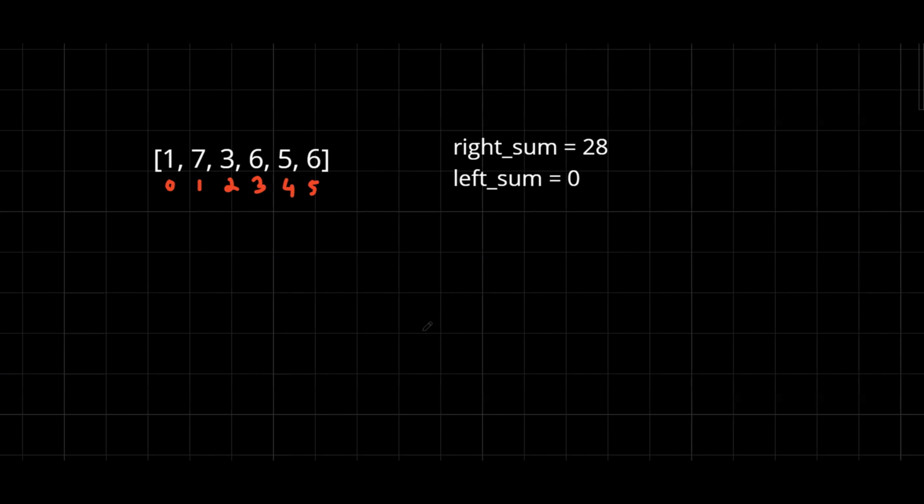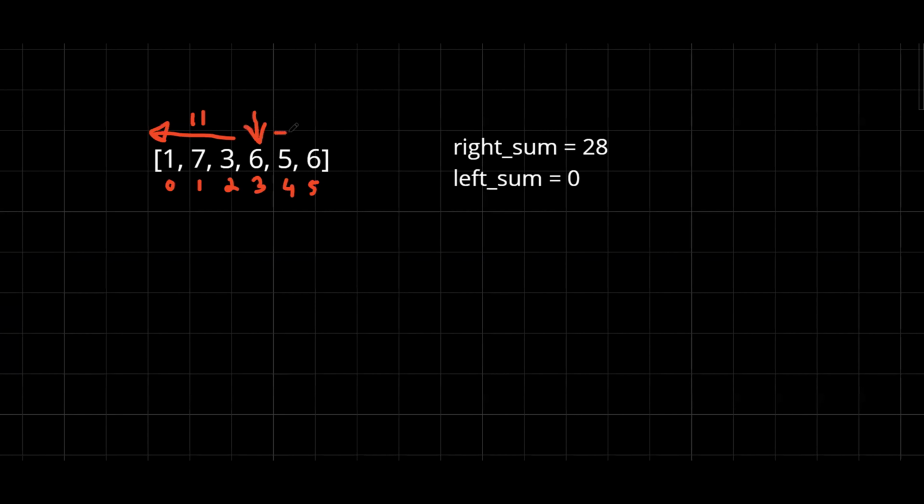In the algorithm, we have taken the first example. Here, the first example has 6 elements, which are 1, 7, 3, 6, 5, and 6. The indexes are 0, 1, 2, 3, 4, and 5. Now, for this element 6, the summation on the left side will be 1 plus 7 plus 3, which is 11.